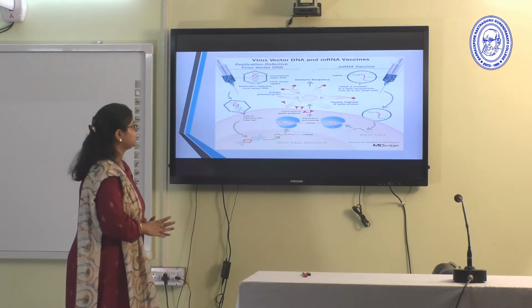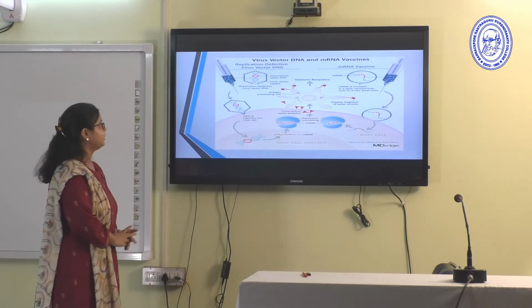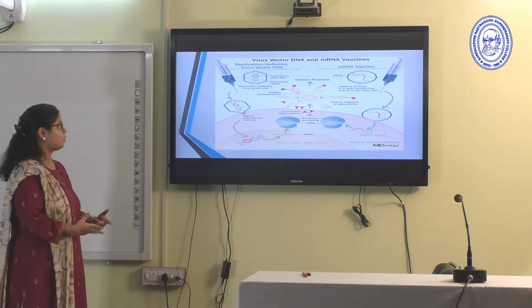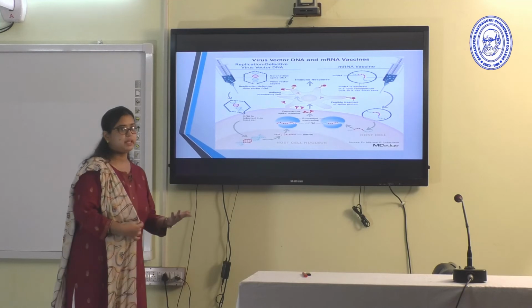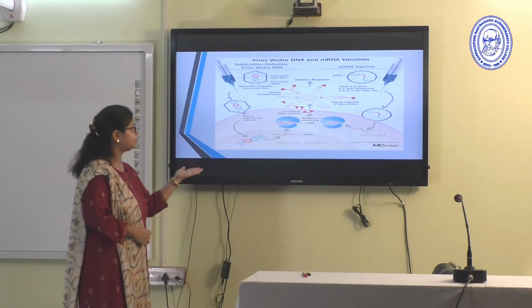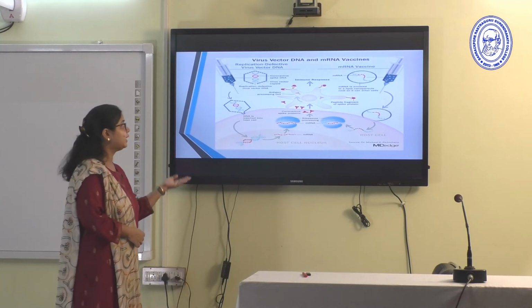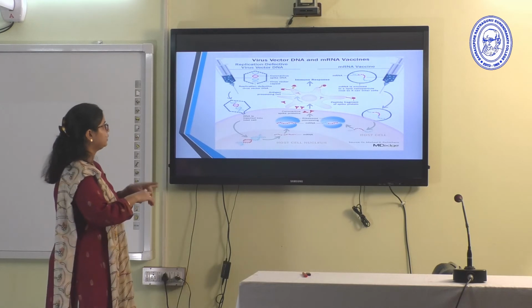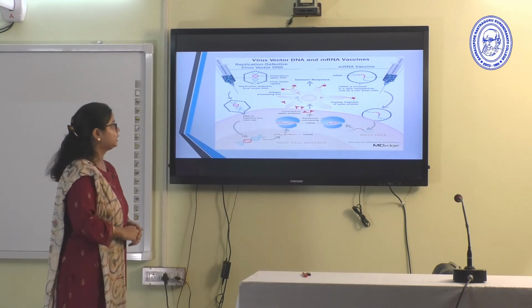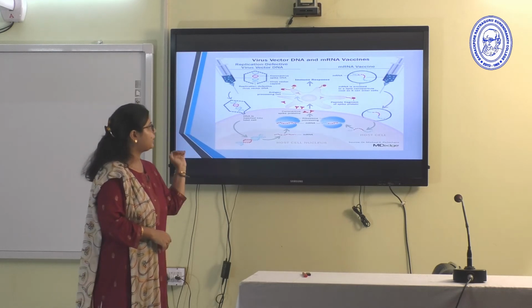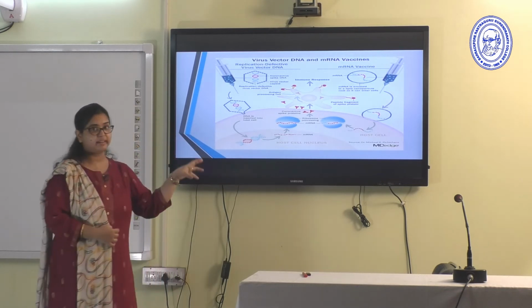In this diagram we can see the viral vector DNA and mRNA vaccine. As we have discussed DNA vaccines, similar to DNA vaccine there is the RNA vaccine. This picture depicts that mRNA is used as a vaccine, encased in a lipid nanoparticle coat so it can enter the cell.